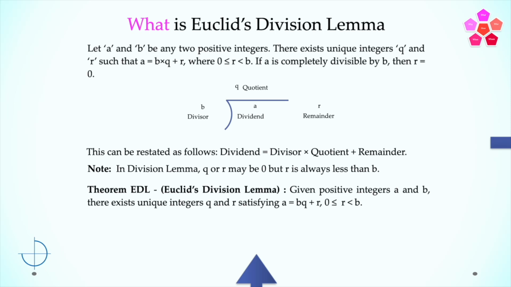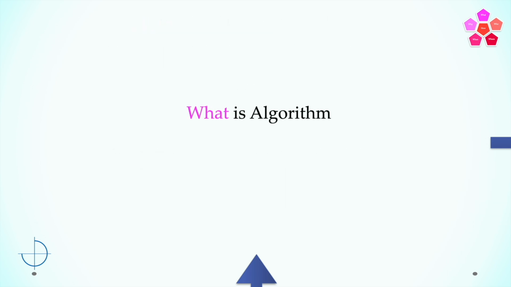If you remember, the property that we are trying to learn is Euclid's division algorithm, which is based on this lemma. But a very basic question that arises is, what is an algorithm?